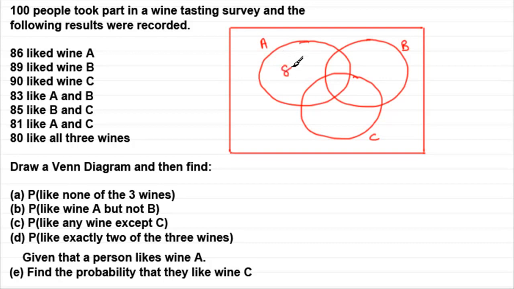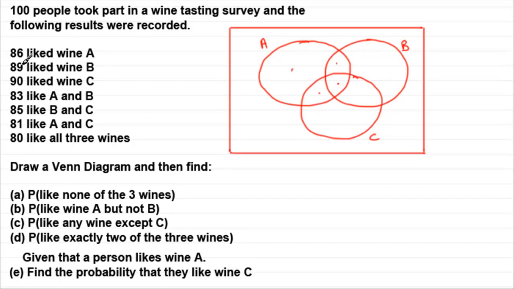You can't go around writing 86 in here, because this would just represent 86 that liked just A and they didn't like B or C. And that's not the case. 86 like wine A, that is the total of whatever number you put in here, here, here, and here. Okay, so it's got to total 86. Well, we're not in a position to know what each of these individual numbers are.